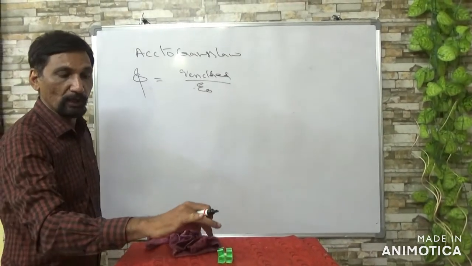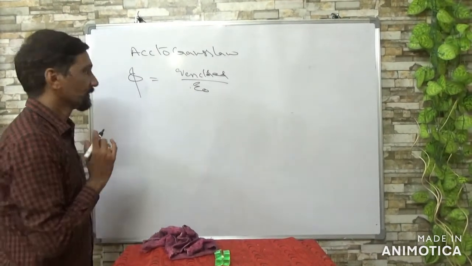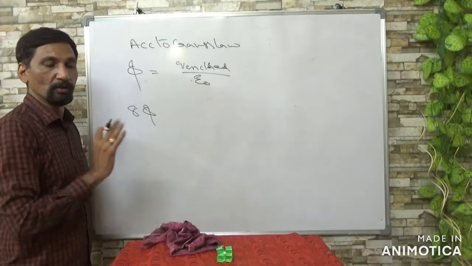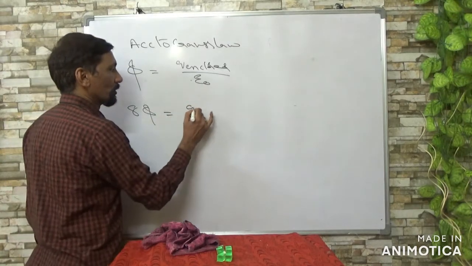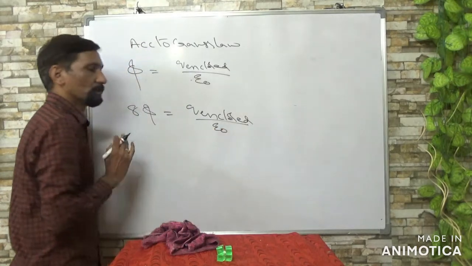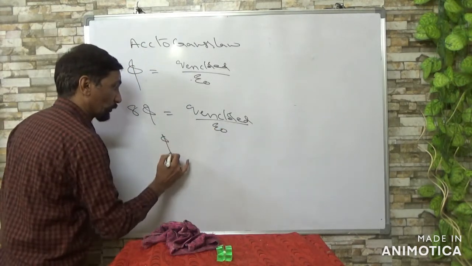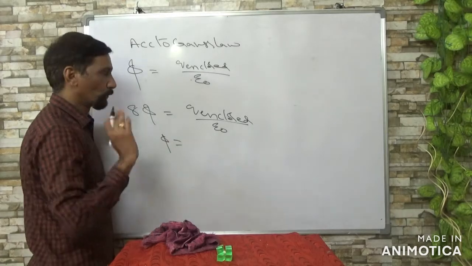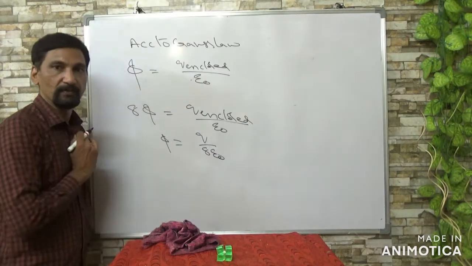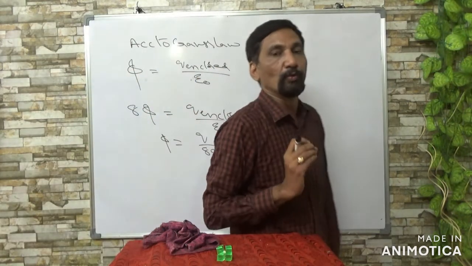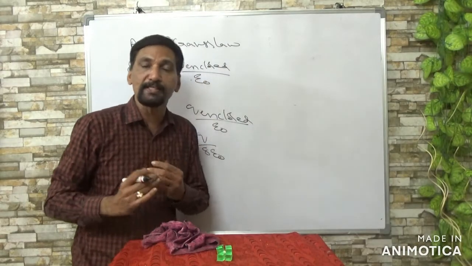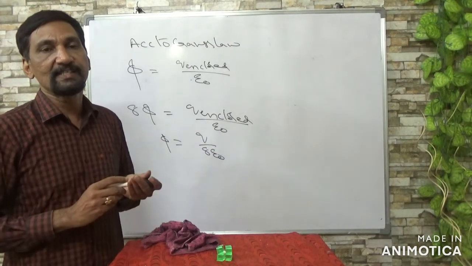But here the total cubes you have taken is 8, so 8 into the flux of each cube equals the charge enclosed by epsilon naught. The given question is the flux through one cube, which is Q by 8 epsilon naught. In this way, whenever you want to find the flux, it should be surrounded by a Gaussian surface. Followed by it, you can find the flux easily.